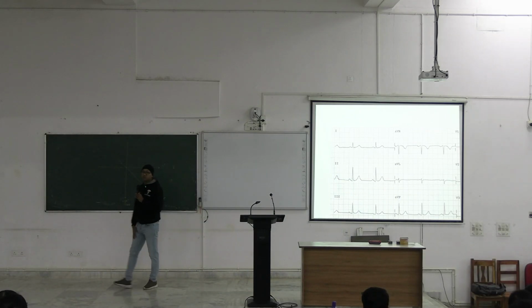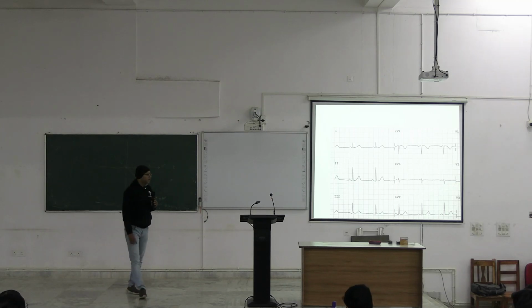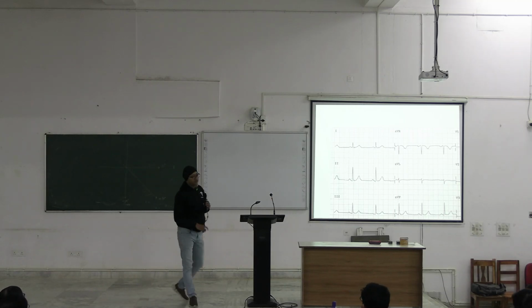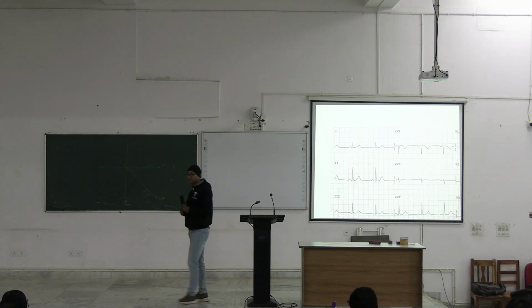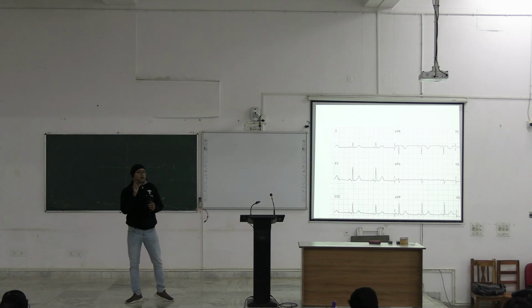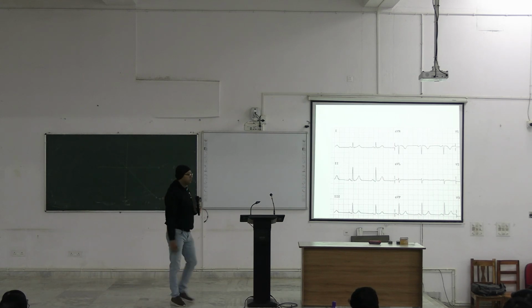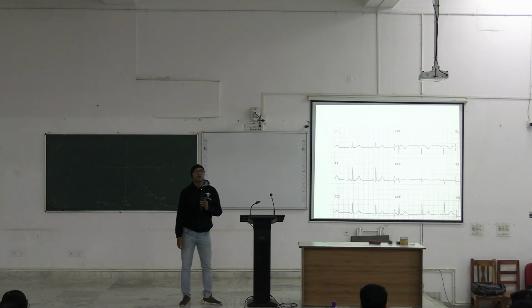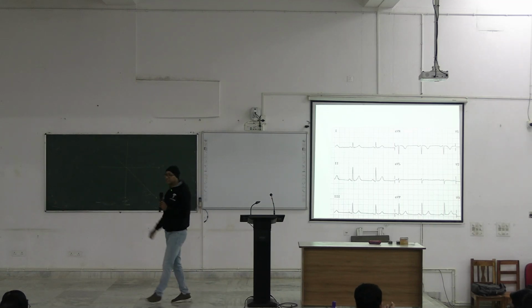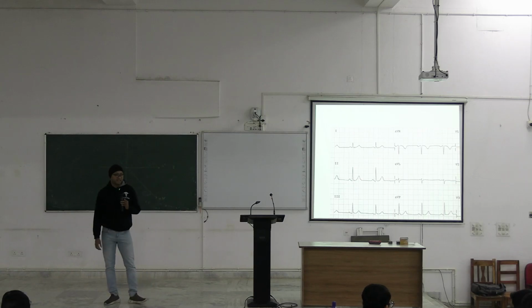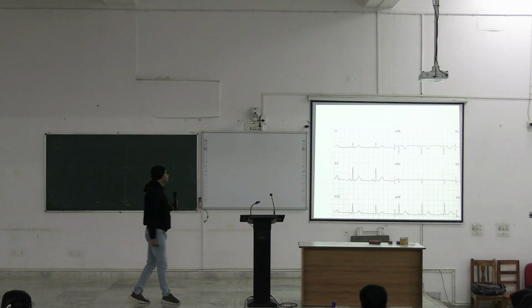So, first look at lead 1. I told you that one small square vertically is equal to 0.1 millivolt, because in this ECG the y axis is voltage and the x axis is time. So, a small square in the vertical direction is 0.1 millivolt, and one small square in the horizontal direction is 0.04 second. I guess you know.